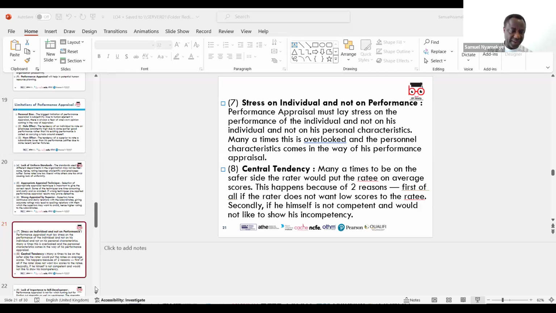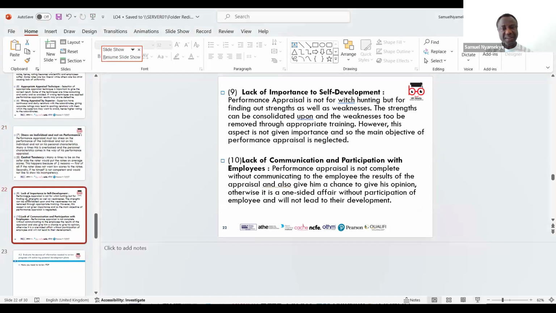So that is some of the limitations we had. The 9th is lack of self-development. We are saying that the essence of this whole thing is to support people with their development. We are not just going to witch hunt and look at people's weaknesses.